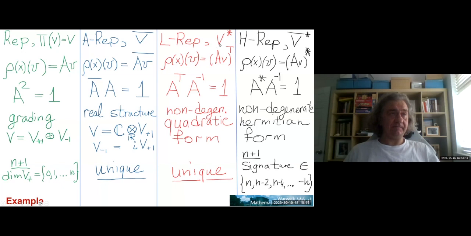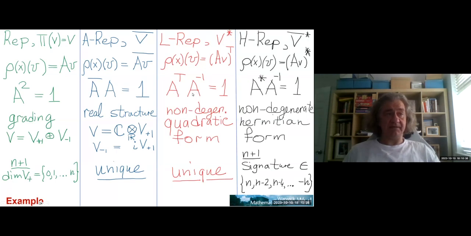In L theory, x essentially sends V to its dual, right? And this will be the formula. And the algebraic condition that x squared equals 1 manifests in this condition.